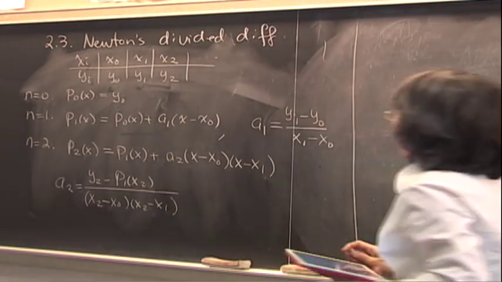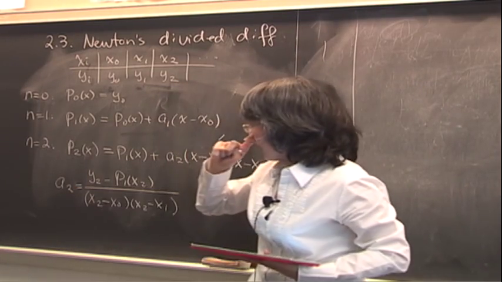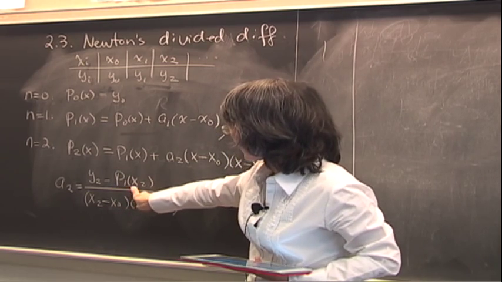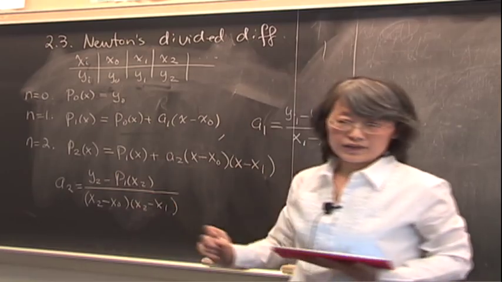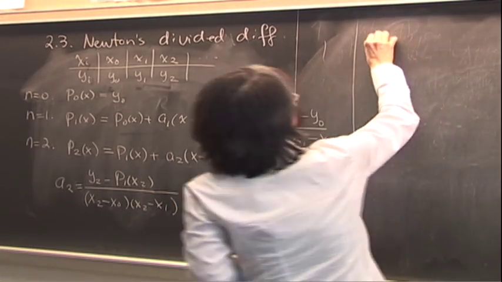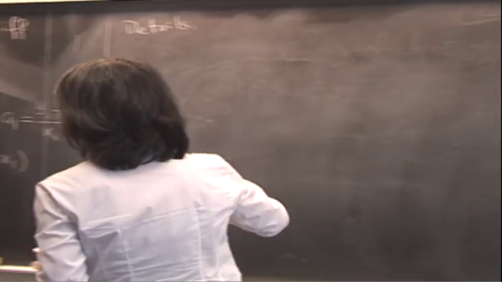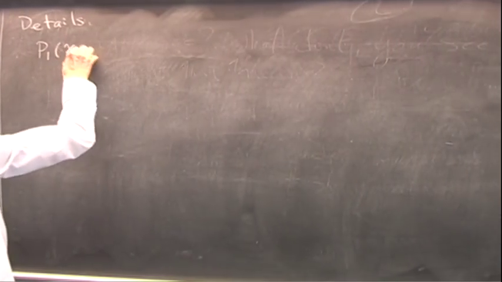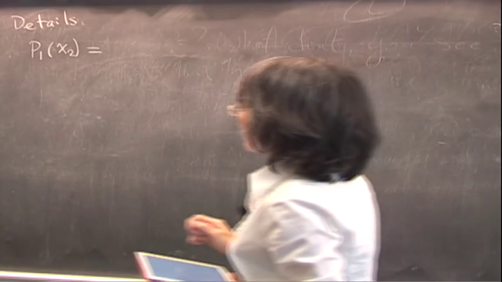So I see that in order to compute A2, I need to evaluate P1 at x2, right? So let's take a look at that first. Okay, so some details. All right, so let's take a look. P1 evaluated at x2. What is that? So let's see.